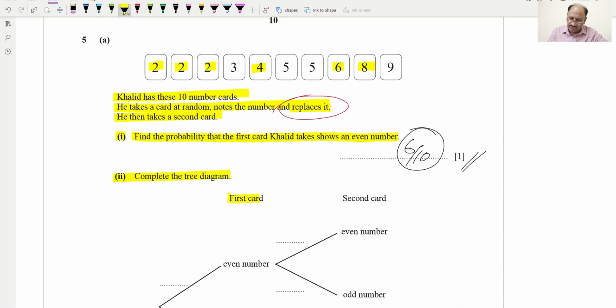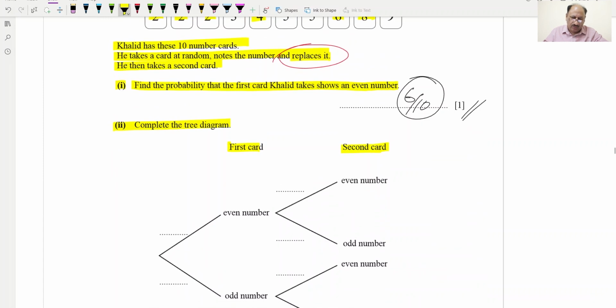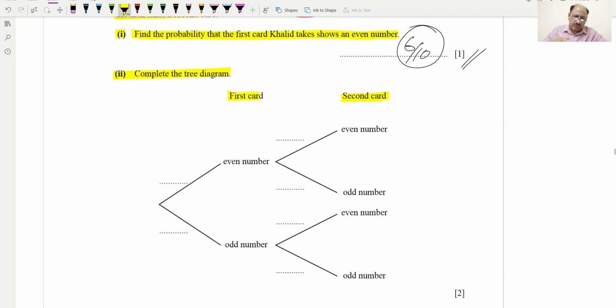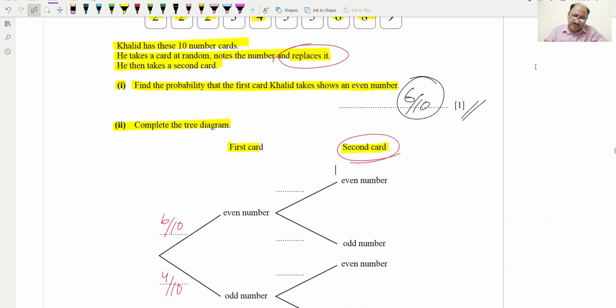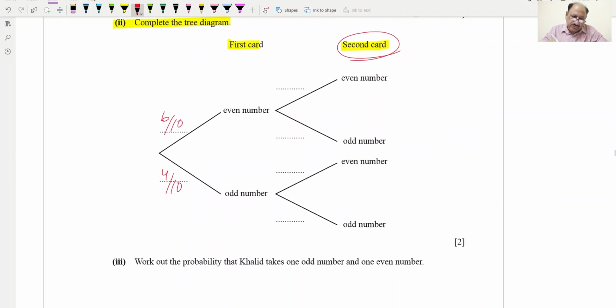Then we have to complete the tree diagram for the second part. There is the first card and the second card, so there are 2 draws. First is even and odd. Even are 6, so we can write 6 by 10, and the remaining will be 4 by 10. For the second card, because the card is replaced, there will be no reduction in probability, it will remain as it is.